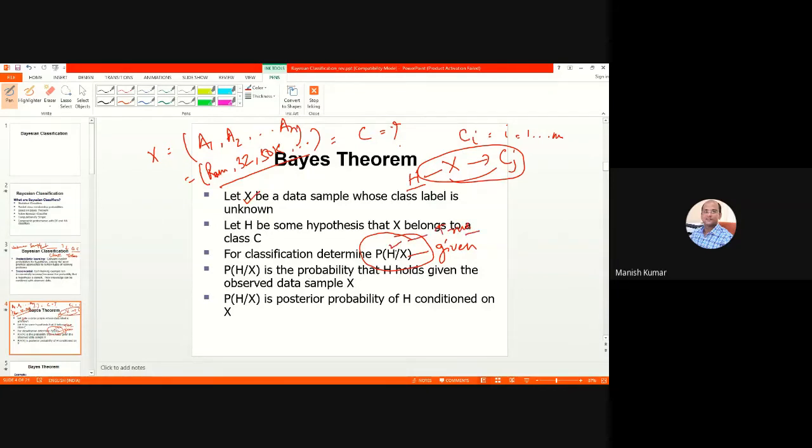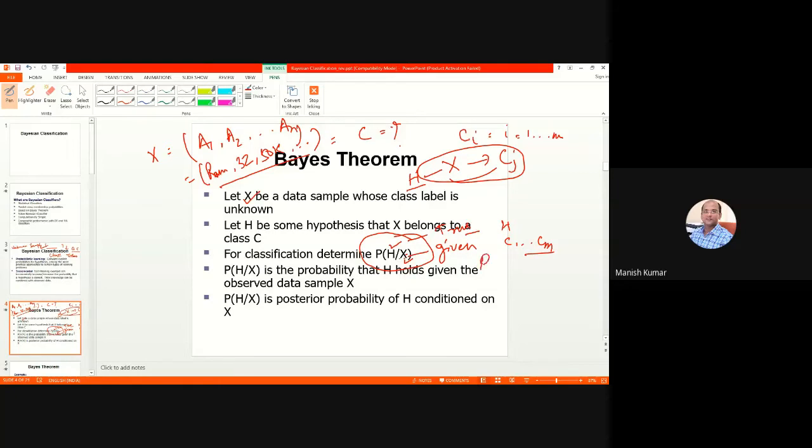The objective of this method is that your unknown sample X is given, meaning its class is not known, and your hypothesis H states that X belongs to a class C. This H may correspond to C1 to Cn, any number of classes.